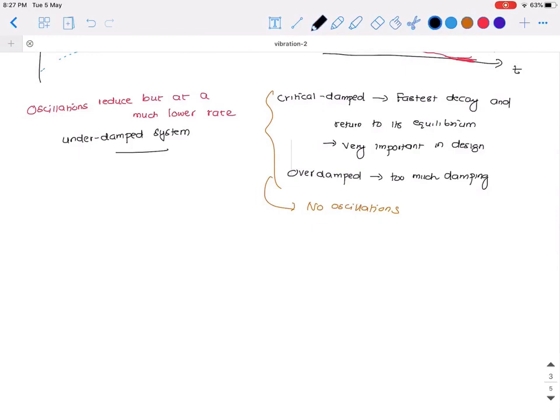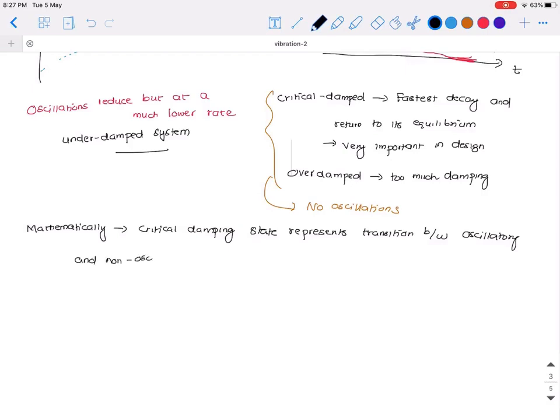Okay, so mathematically, the state of critical damping represents the transition between oscillatory and non-oscillatory response of the system.